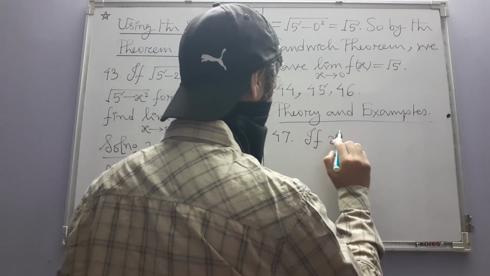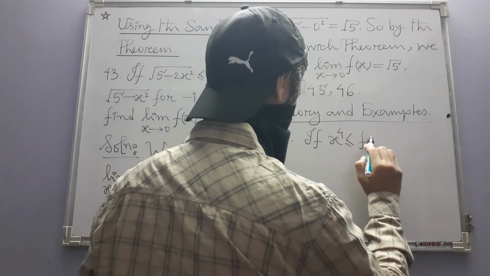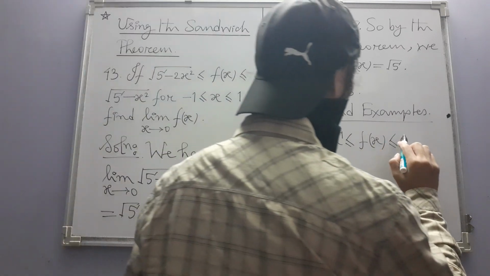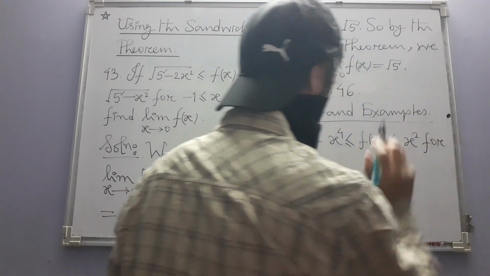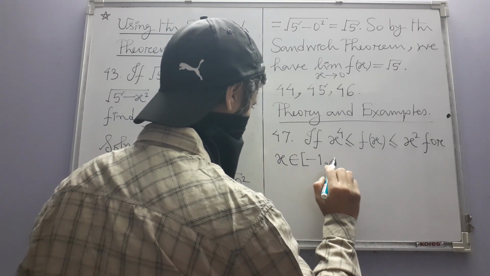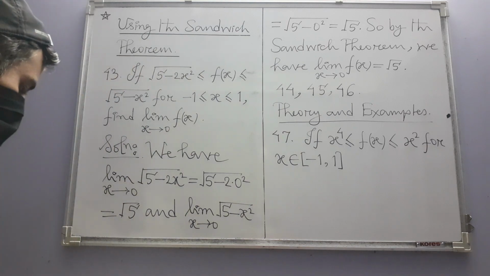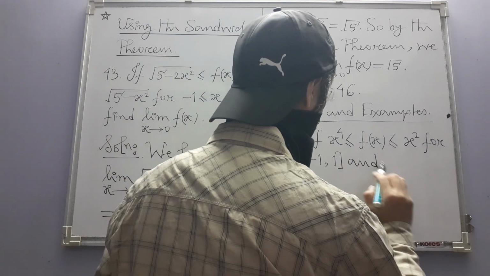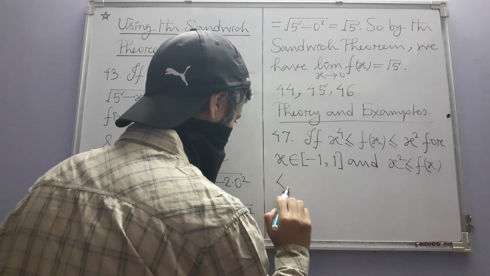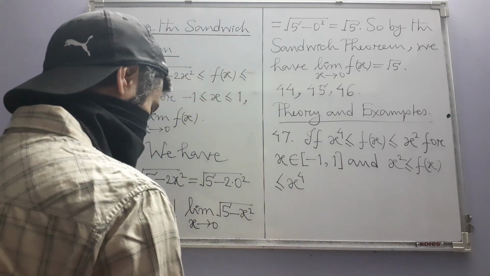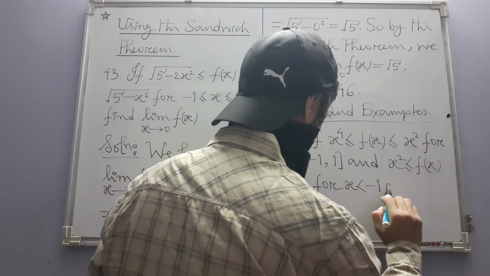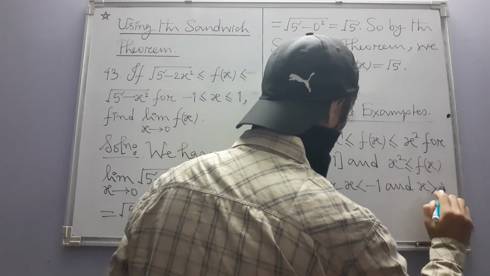If, again here also we have some function f whose values satisfy these inequalities for x in this closed interval between -1 and 1, and at the same time we also have these inequalities for x less than -1 and x greater than 1.